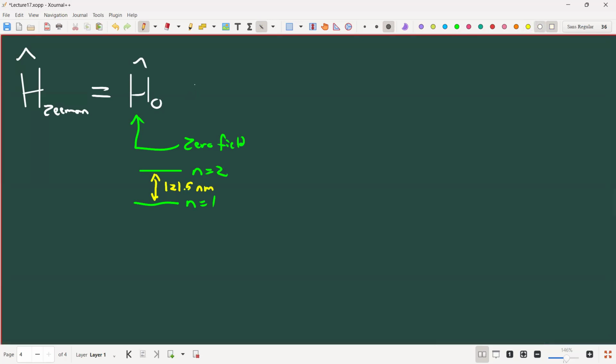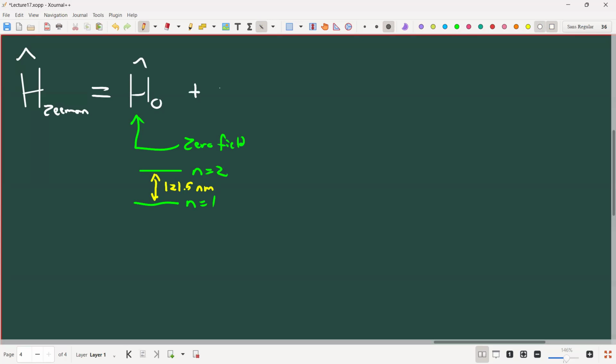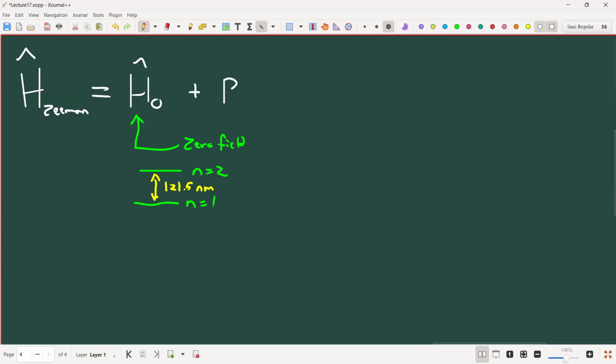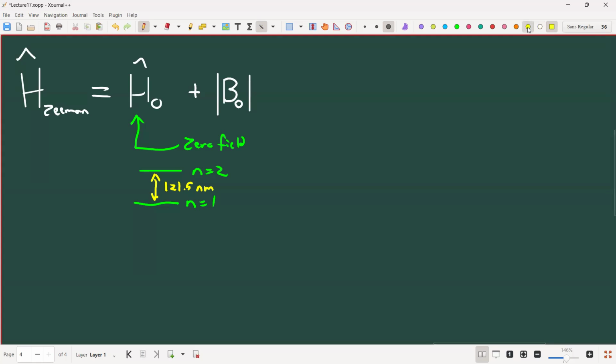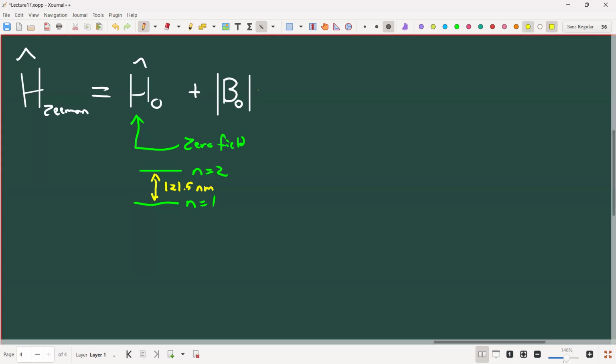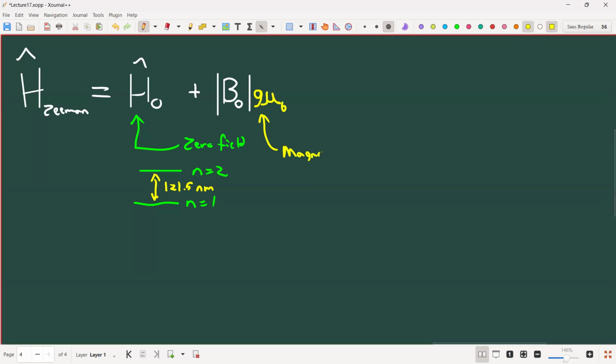And then it splits by a number that's linearly proportional to the magnetic field. There's an additional constant that it's multiplied by, which the problem set will talk about, g mu B. This is called the magnetic constant of hydrogen.